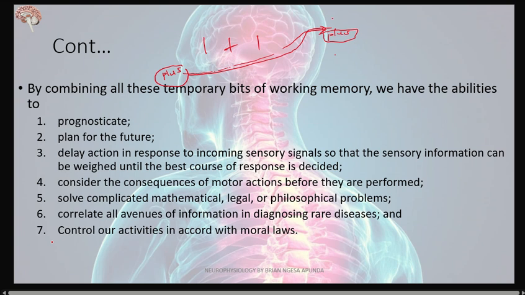The incoming sensory signals were suggesting 1 plus 1, but well, you know what 1 plus 1 means. You are able to get from your memory what plus means. So plus means adding. Okay, now you'll be able to add 1 plus 1 and get 2.